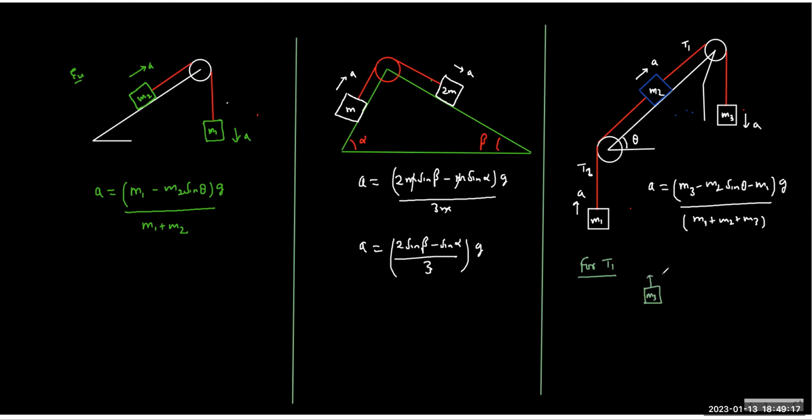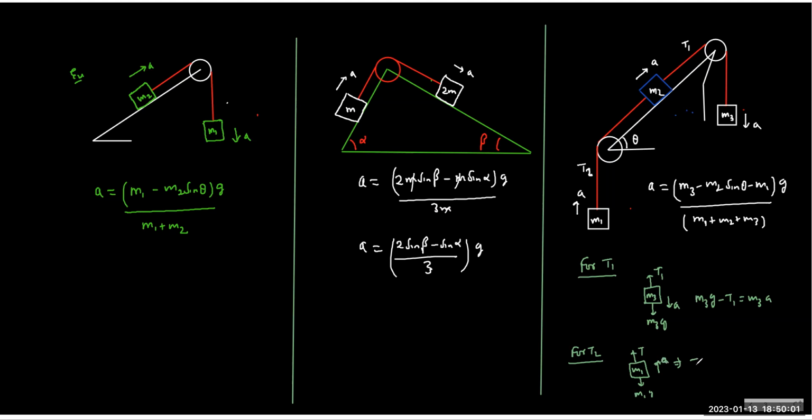So do you all realize this part, that this is the most suitable one? Tell me, guys, do you all realize this part? Yes or no? Yes. And of course, you can substitute. And for T2, for which block should we draw the FBD? M1. M1, very good. So what will be the law of motion, Rugved, for this block?